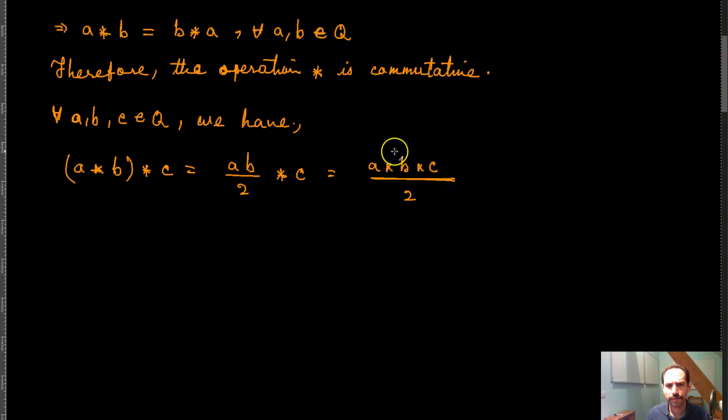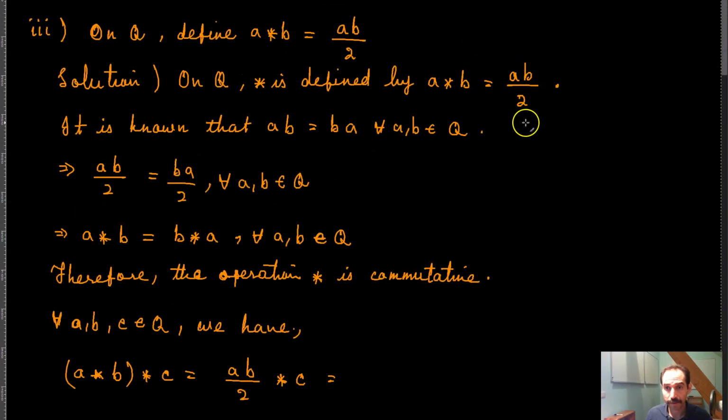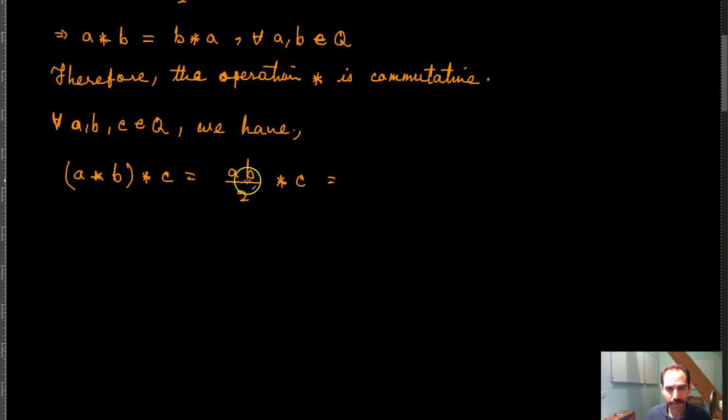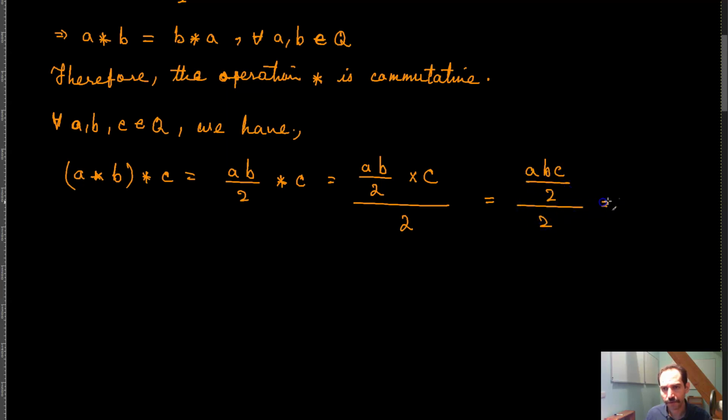No, I made a mistake here, I suppose. I have to take this number and multiply it by this number and then divide the whole thing by 2, meaning that this number becomes AB divided by 2 times C, and then divide the whole thing by 2, which gives me ABC divided by 2 divided by 2, which gives me ABC divided by 4.